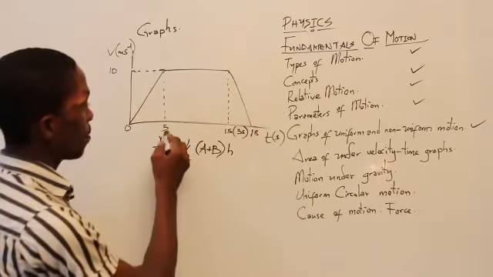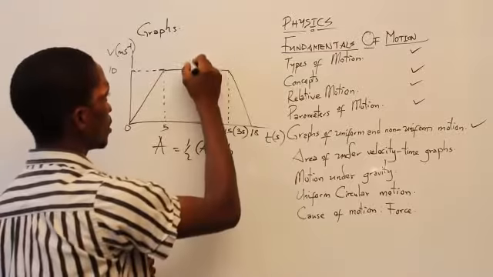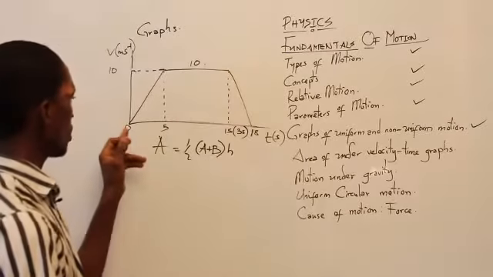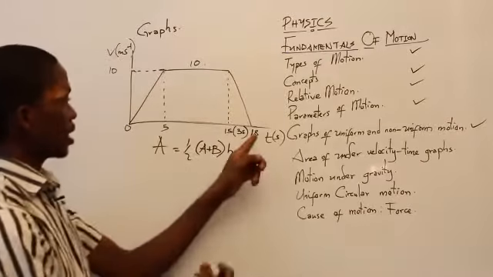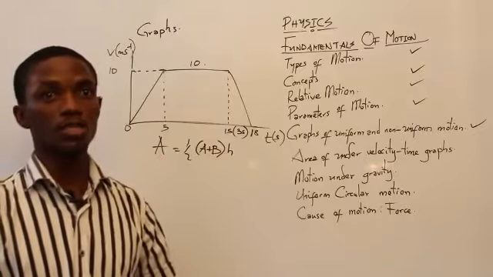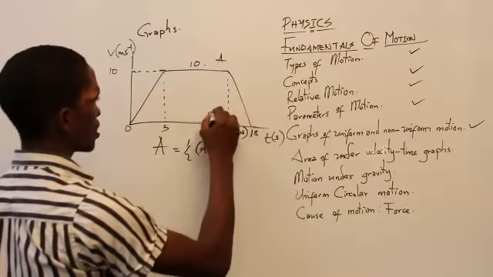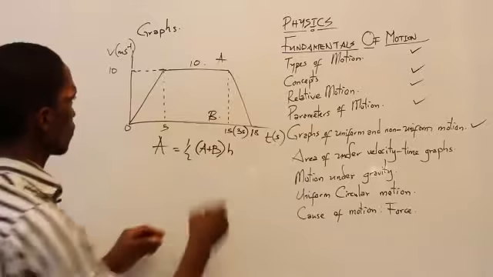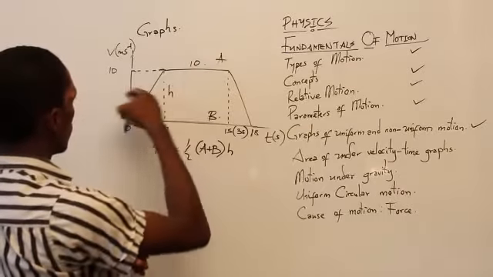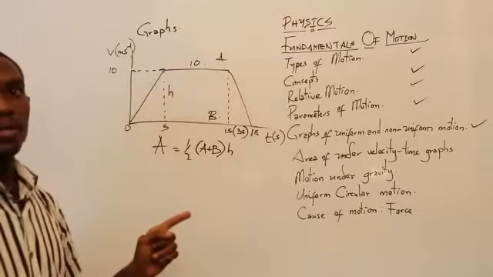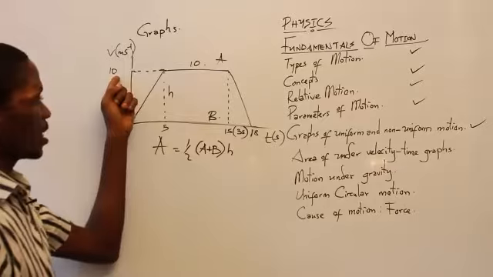That's 15 minus 5, which gives us 10, and from ear to ear is 18 minus 0, which gives us 18. So if this is our A and this our B, the height is the perpendicular height, which is given as 10 here.